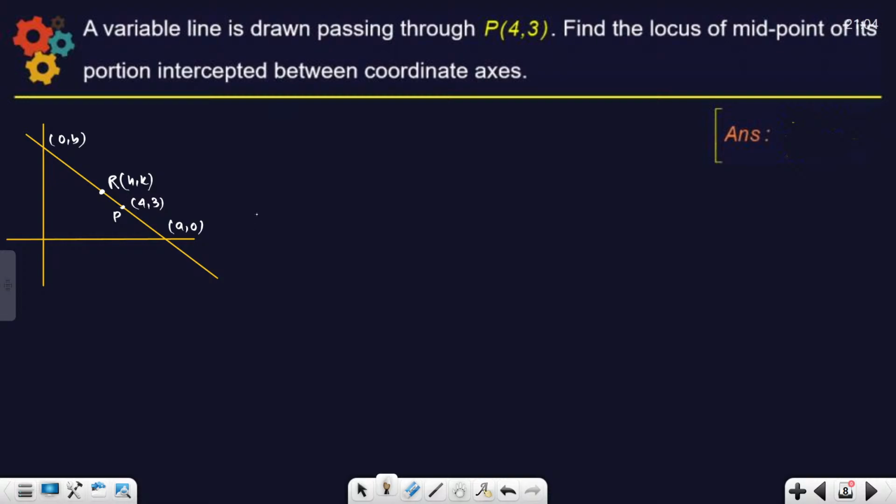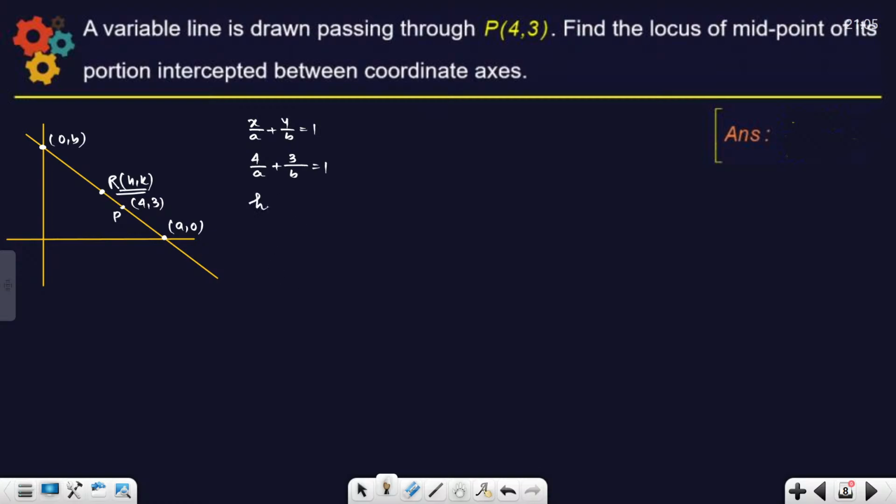The equation of the line will become, following the same method, x/a + y/b = 1. And this is passing through the point (4, 3). Hence, it must satisfy this. Now, we are finding the locus of the point R, which is the midpoint of this intercepted portion on the coordinate axes.